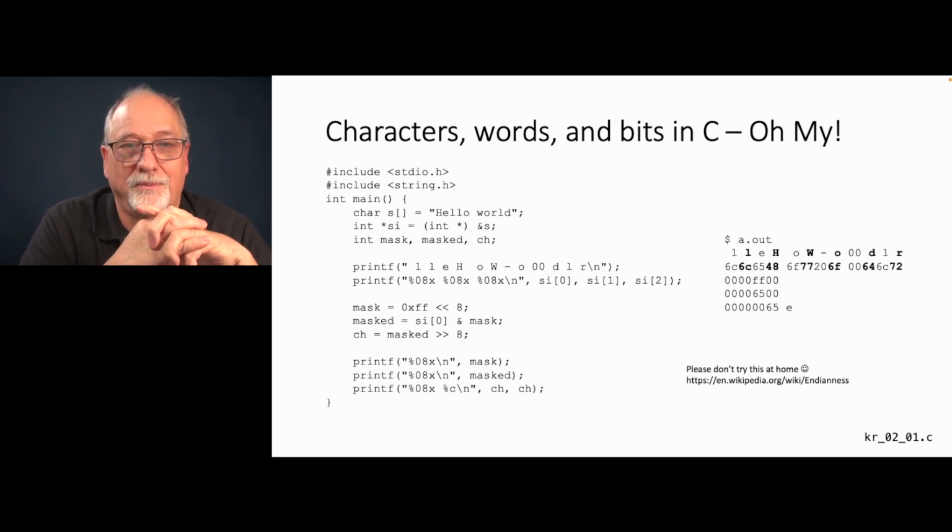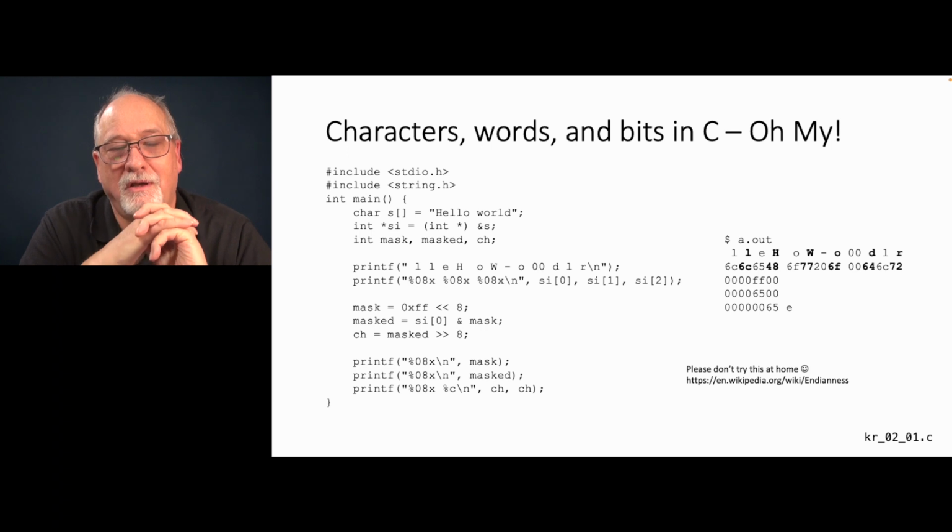So you don't have to understand this. Just be thankful that you use Python. And if you don't use Python, you use C. And whether it's a big endian or a little endian machine, you can treat an array of characters as an array of characters, and you can get the third one or the fifth one with square bracket notation. Okay?